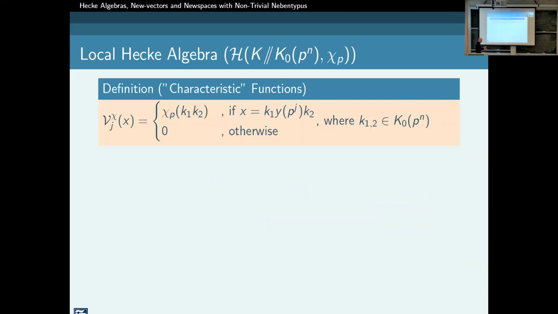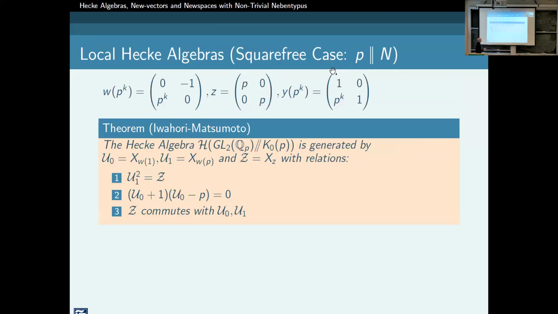So now, motivated by this, what I did was first study this Hecke algebra, which is now twisted by this character chi-p. Now this Hecke algebra is generated by these characteristic functions, as you will see. So these functions are supported exactly on these elements yp that I had two slides before, so this yp here.